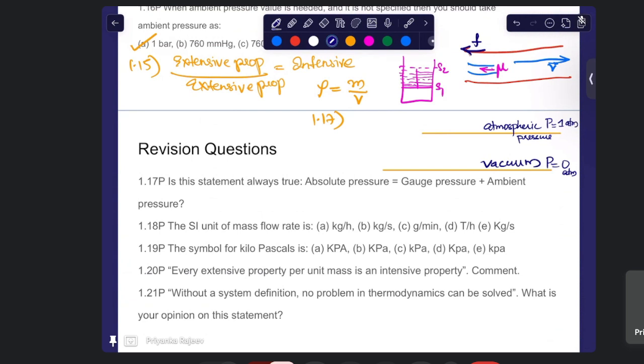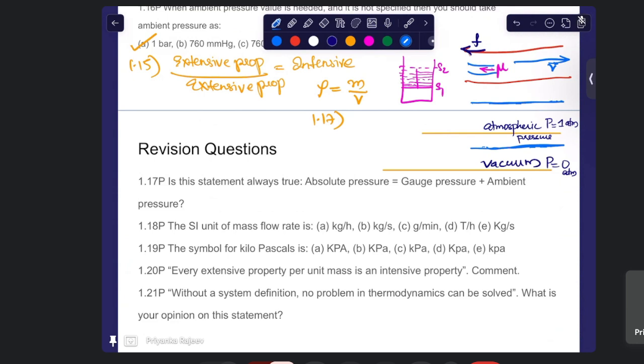Then you are measuring 2 points, one below atmospheric pressure and one above atmospheric pressure.